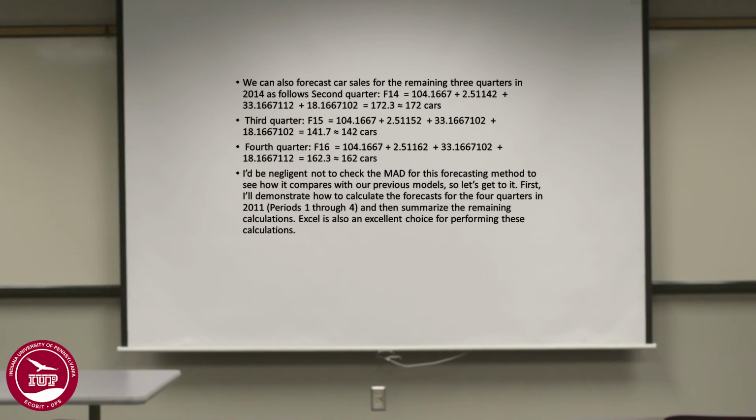Third quarter, F15, is approximately 142 cars. Fourth quarter, or F16, is approximately equal to 162 cars.